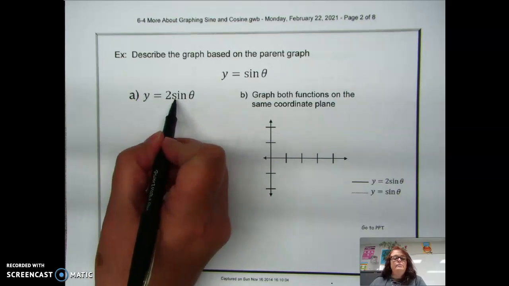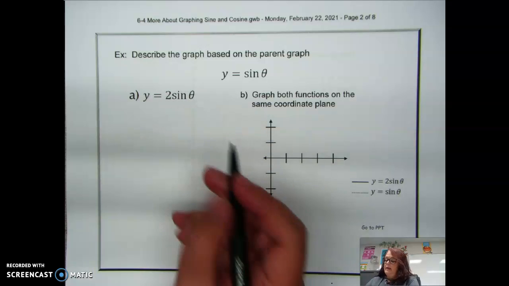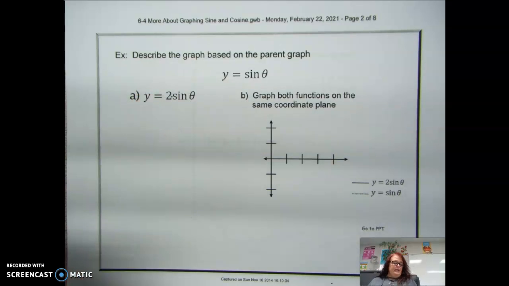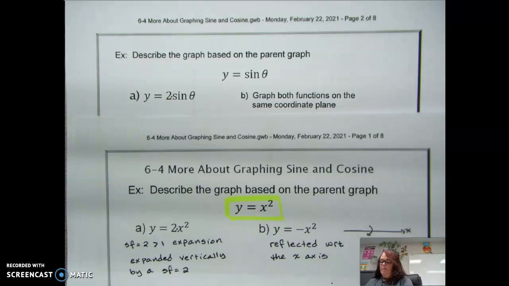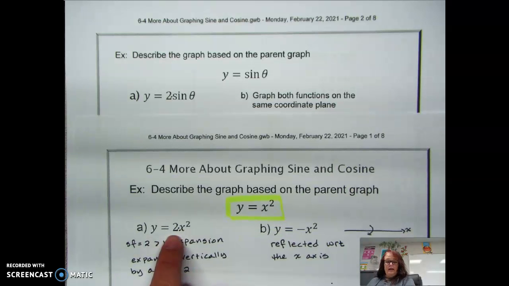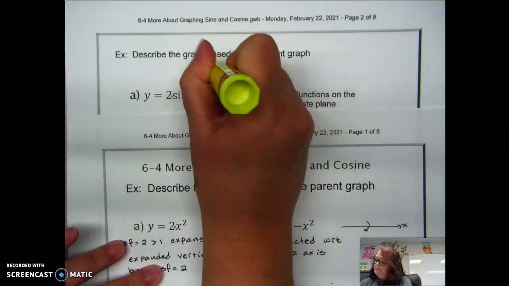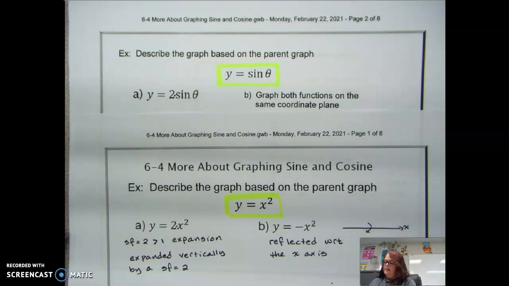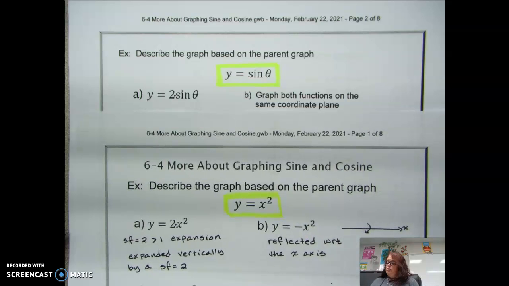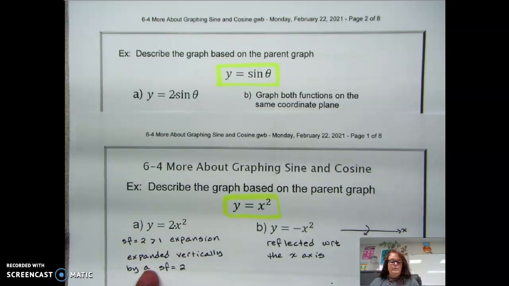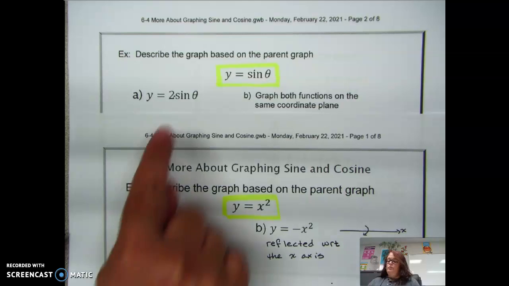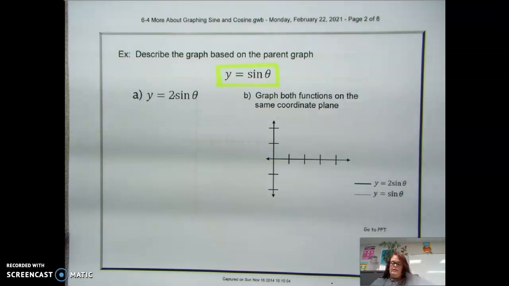It's saying 2 times whatever the sine of theta is. So this, just like question number A on the warm-up, is just saying 2 times my parent graph. So you'll notice my parent graph is y is equal to sine of theta. So just like this was expanded vertically by a scale factor of 2, so is 2 sine of theta.